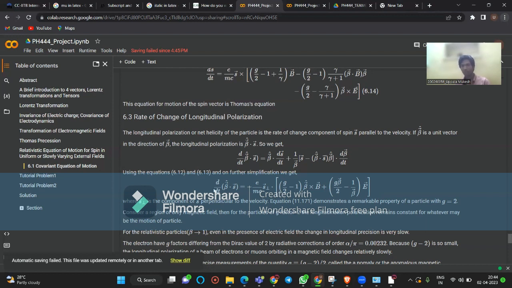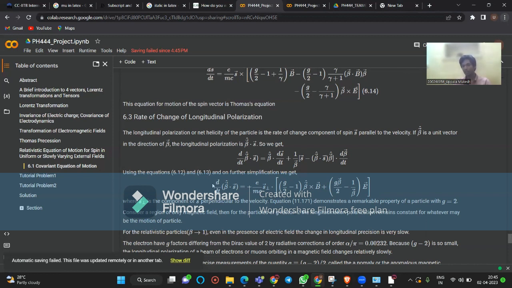Now this equation is very interesting. Why? Because if you consider only the magnetic field region, with no electric field, on taking g equal to 2, you get 1 minus 1 and it becomes 0. So your longitudinal polarization remains constant over time.